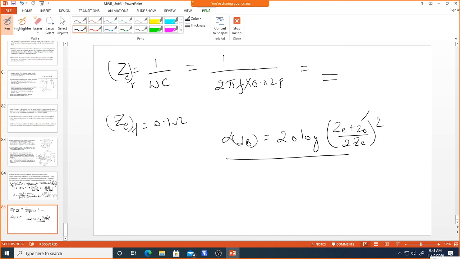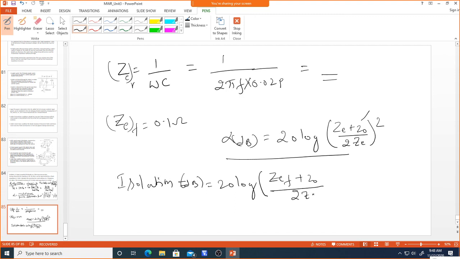Now if you put in the forward bias case, you will get the isolation. Isolation in dB is equal to 20 log of ZE in forward bias case plus Z0 divided by 2 ZE forward bias. If you put the forward resistance, 0.1 ohm, you will get the isolation in terms of dB value.